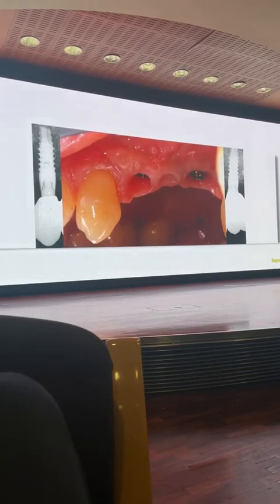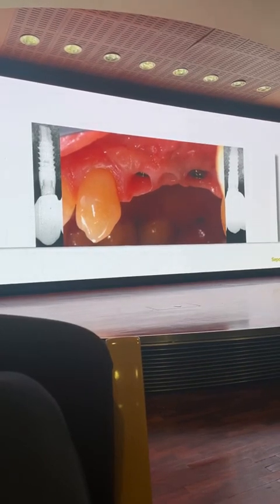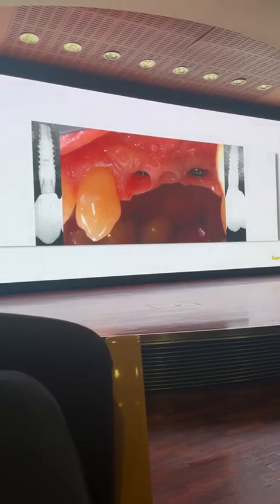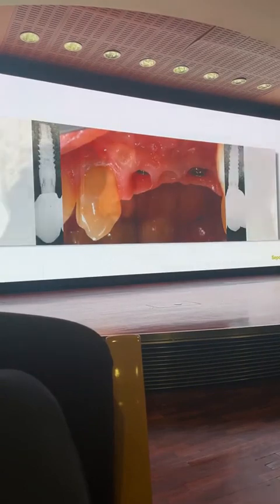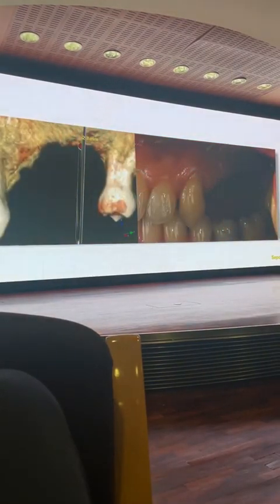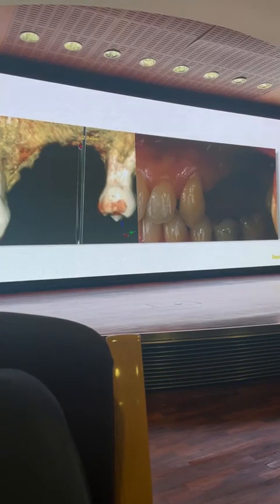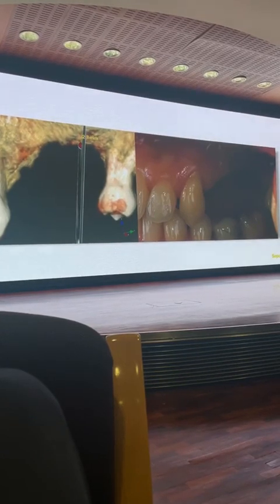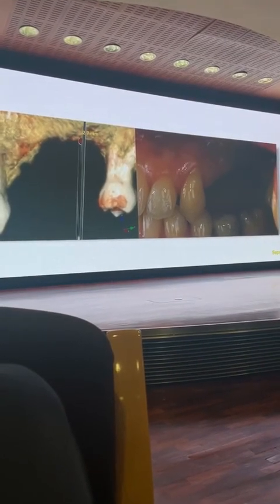But this is possible, and luckily in the majority of cases it is possible, when we have the bone in the correct position. But the starting point of this case was this, meaning that to take care of the supracrestal structure, we have to take care first, if necessary, of the bone.